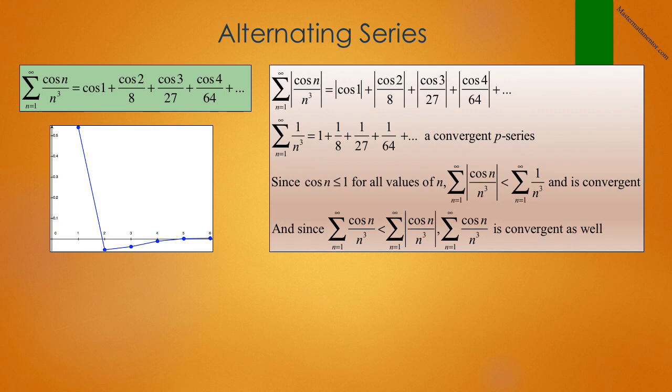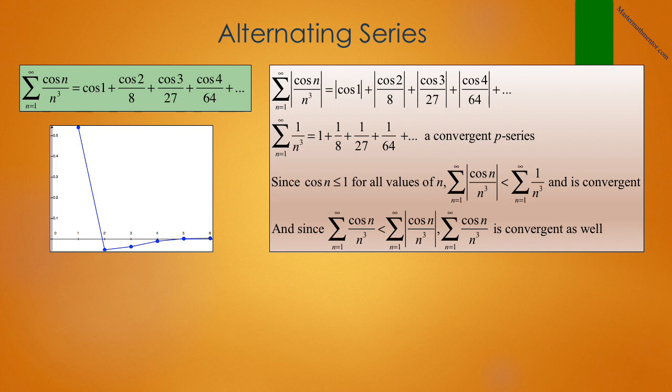Here is the procedure. We will first look at summation n equals 1 to infinity of the absolute value of cosine n over n cubed. This is the absolute value of cosine of 1 plus the absolute value of cosine 2 over 8 plus the absolute value of cosine 3 over 27 plus the absolute value of cosine 4 over 64 plus dot dot dot.